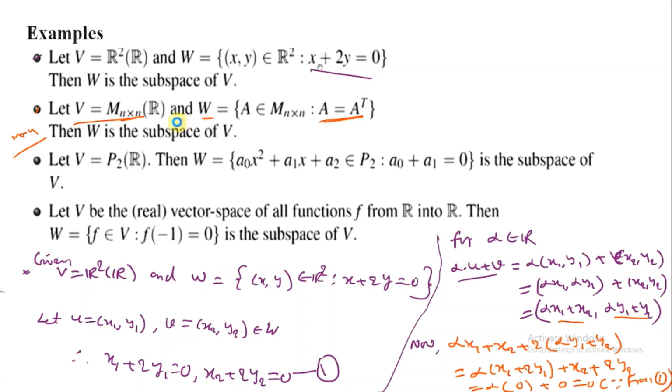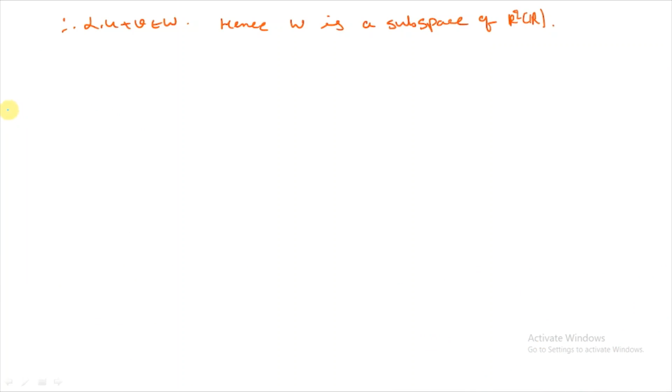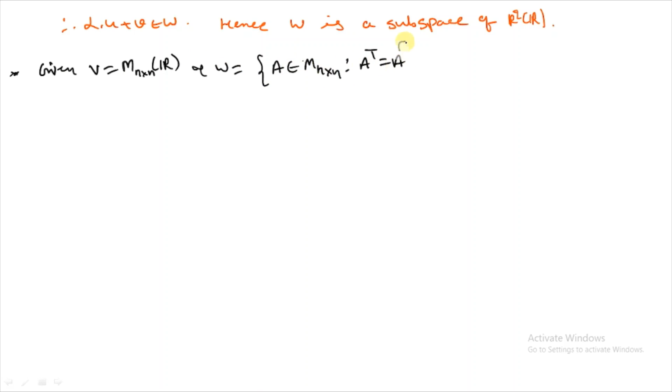Now we'll see the second one. Given V equals M n by n over R, where the field is R, and W equals the set of A belonging to M n by n such that A transpose equals A, the set of all symmetric matrices. So now you have to check. You can go for the condition alpha dot (u plus v), or you can check individually.